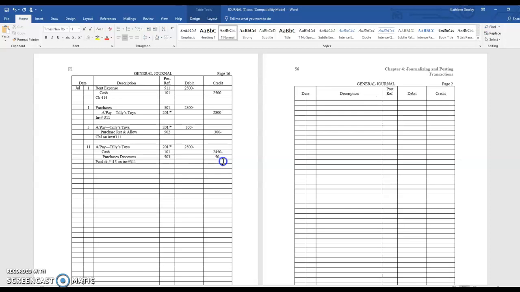Now, the next part of the assignment is to do a schedule of accounts payable. You would have your heading, name of the company, what this is, what the date is, which would be the last day of July in this case. And then you would list out all of your various vendors.